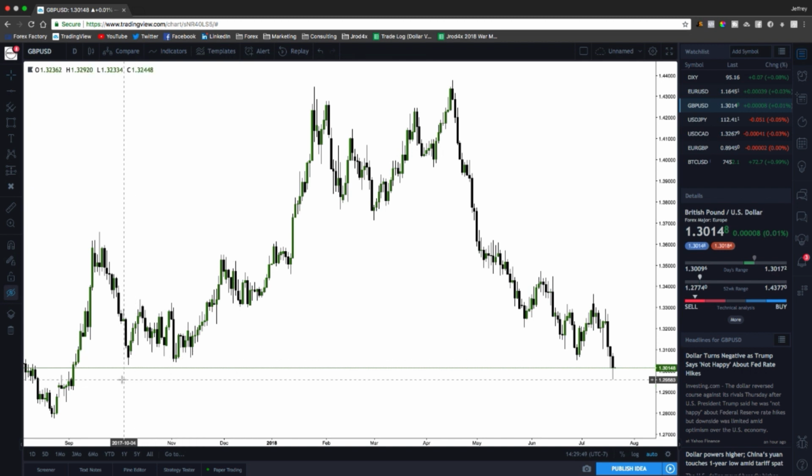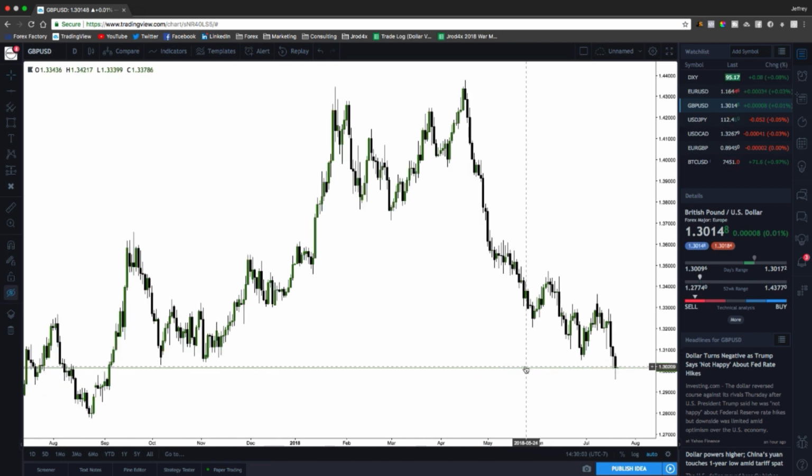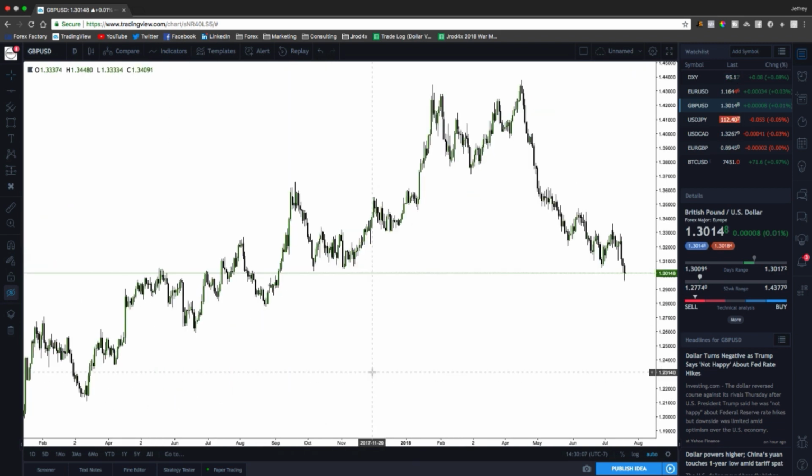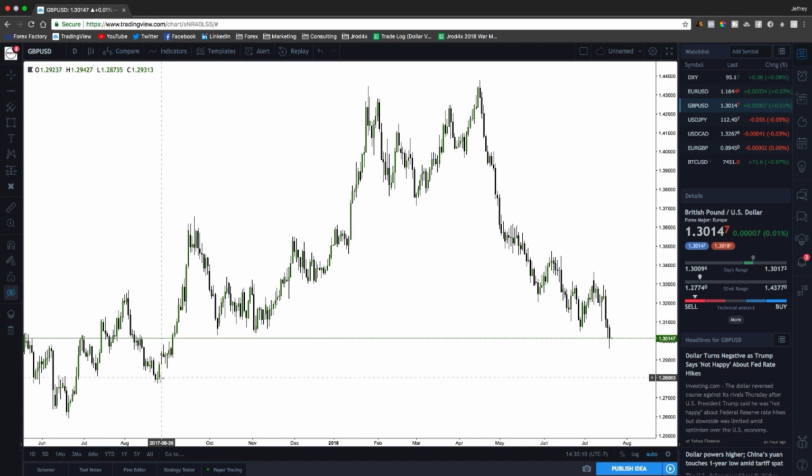So if they start finding support here, while all these beginner traders and retail traders are going in trying to sell this market because it just broke below this low, they're thinking that it's going to just continue and keep going, way over here. And maybe that is the case, but we need some sort of indication of that here. But we have too many reasons to believe that this could be potential support.